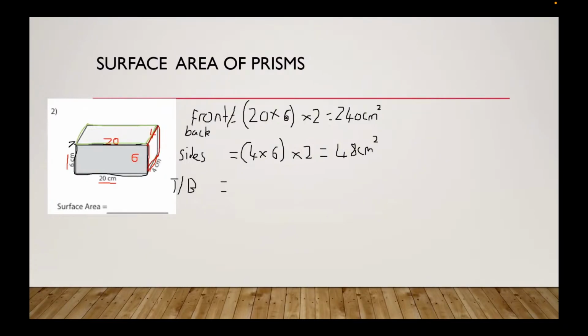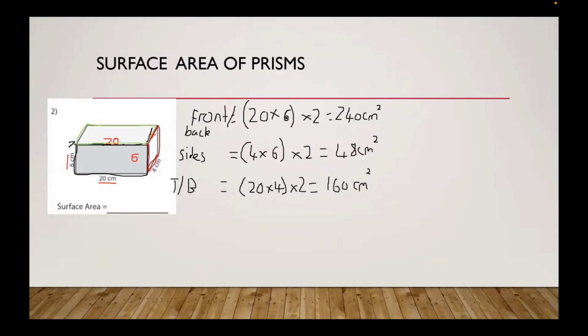The base here is 20 and the height is 4. So we're going to have 20 times 4 in brackets, and once again we multiply by 2 because both are the same thing. When we put that in the calculator, we get 160 centimeters squared.